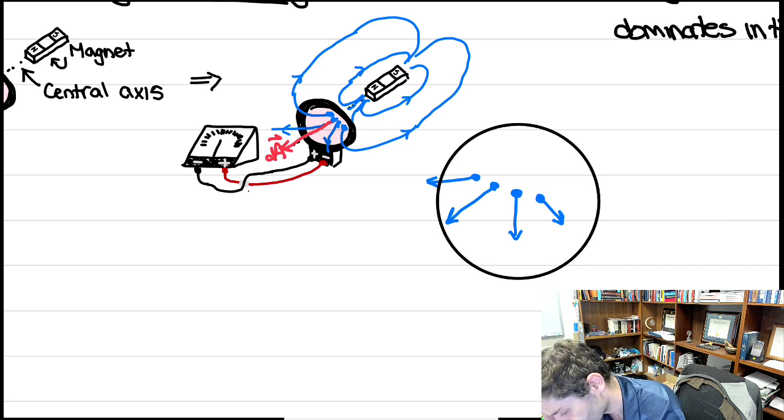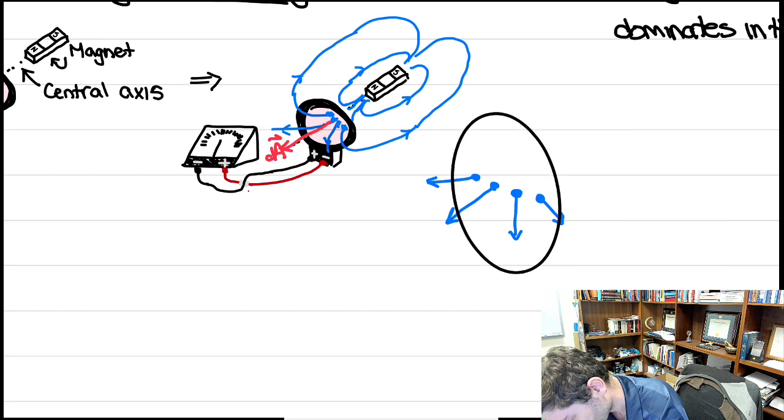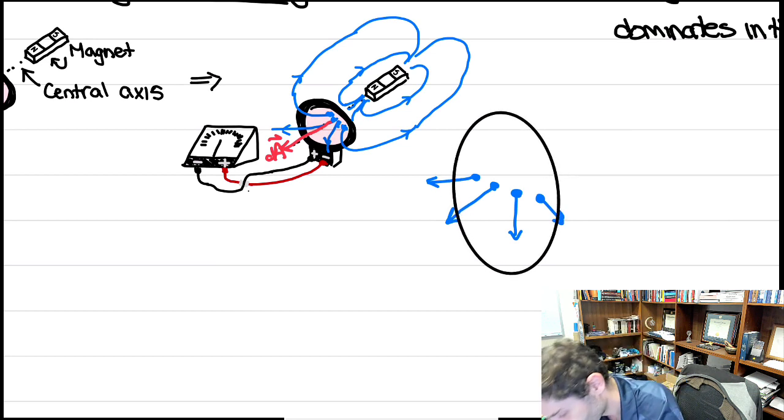I don't quite want a circle, so give me an ellipse. There we go, something like that. Because we've decided that this is my shaded region between the 500 loops of coil.